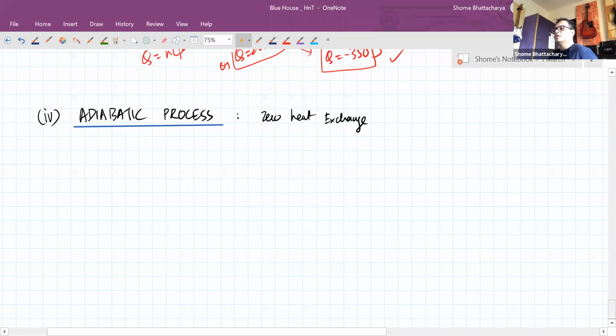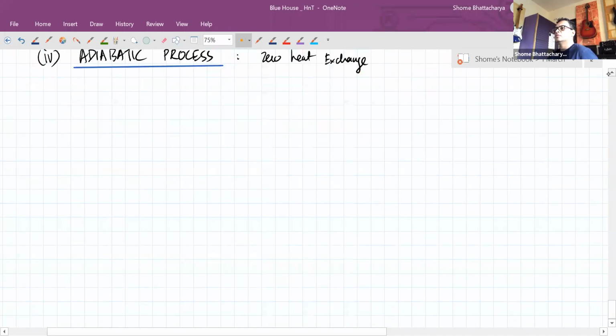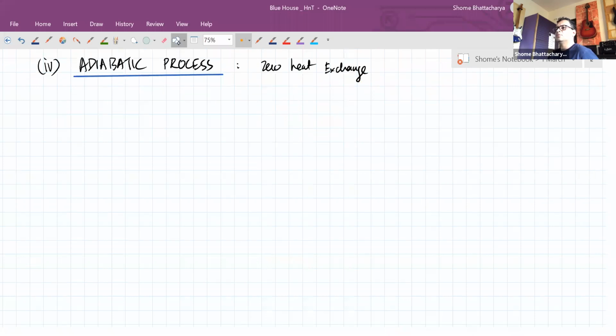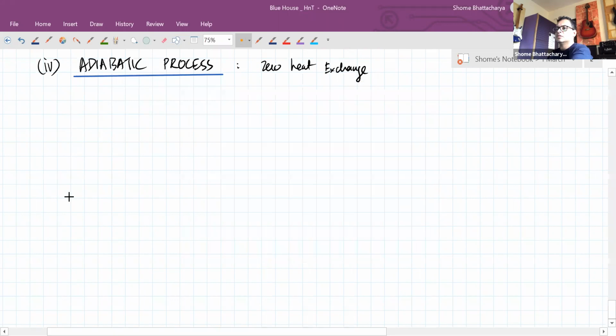So the experimental way of visualizing an adiabatic process would be something like this. We use the piston only to compress or expand the gas. Okay. But the container this time is not isothermal in nature, which means that it is having non-conducting walls or insulating walls.